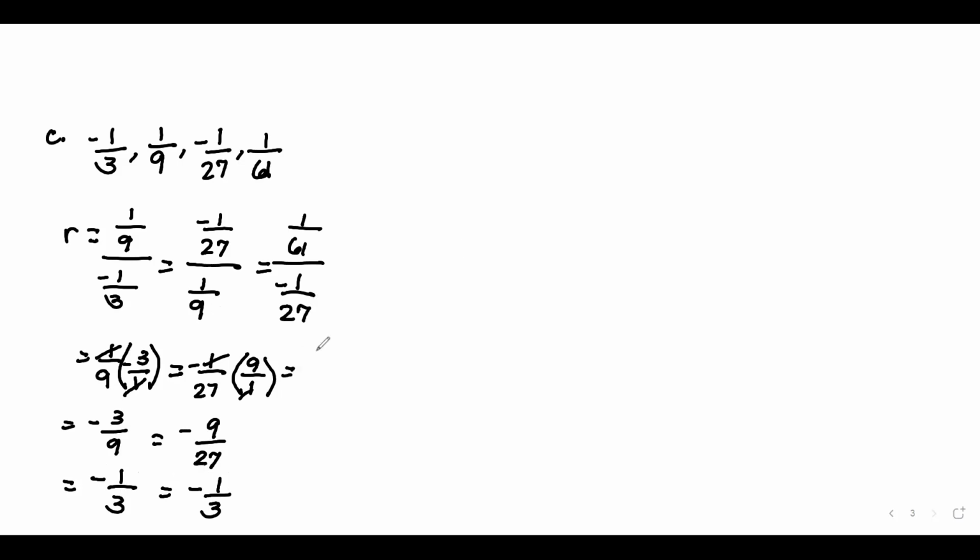Next, 1 over 81, copy the first one, proceed to multiplication, get the reciprocal of this, negative 27 over 1. When we simplify, we can do cancellation. So when we simplify it, that's the answer. So therefore, they are not equal. So letter C, it's a no.